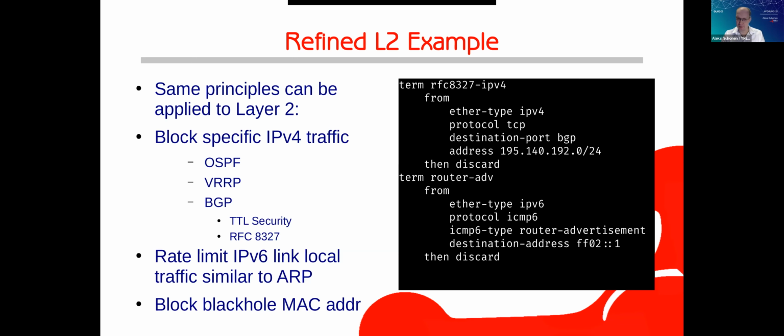And then BGP is here for a more interesting example. So basically, TTL security is a feature in BGP where at the IXP, members always send BGP packets with TTL value 255, so the maximum TTL value. And then they can filter incoming BGP packets where the TTL value is less than 255, because it didn't come from the IXP, it came from somewhere further away.